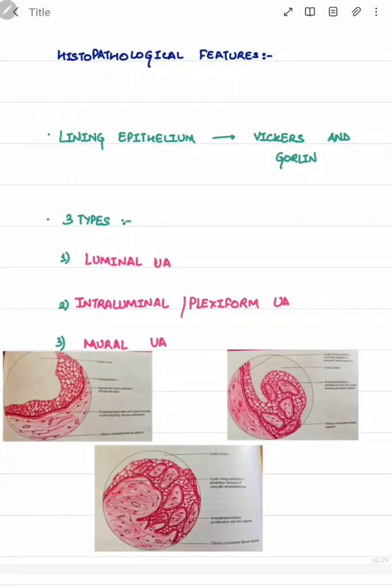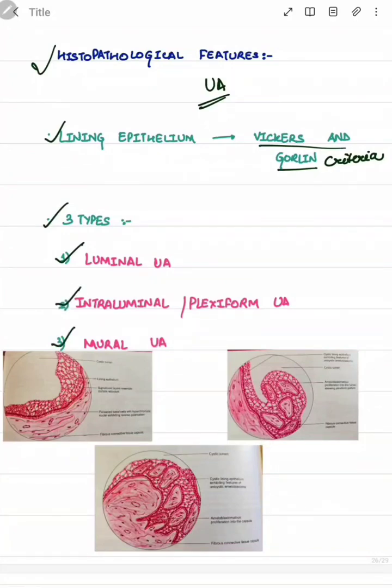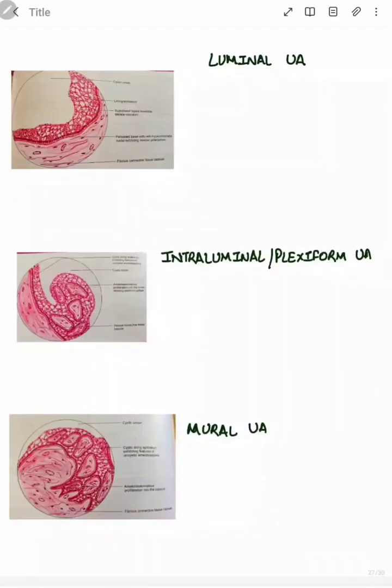The histological features of unicystic ameloblastoma. Firstly, the lining epithelium will follow the Vickers and Gorlin criteria, and there are three types of unicystic ameloblastoma. The first one is luminal, the second one is intraluminal, and the third one is mural type. Now the first one is luminal unicystic ameloblastoma.